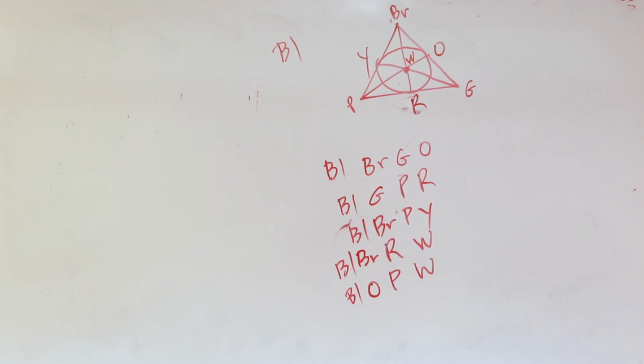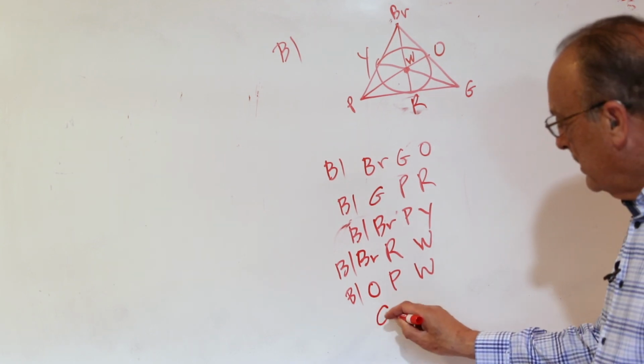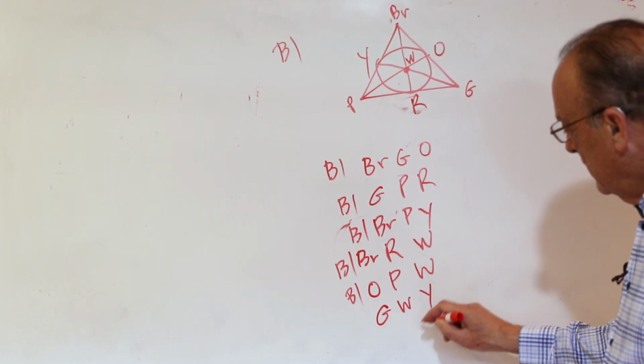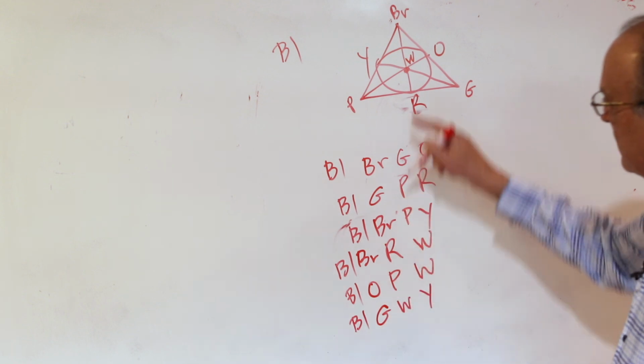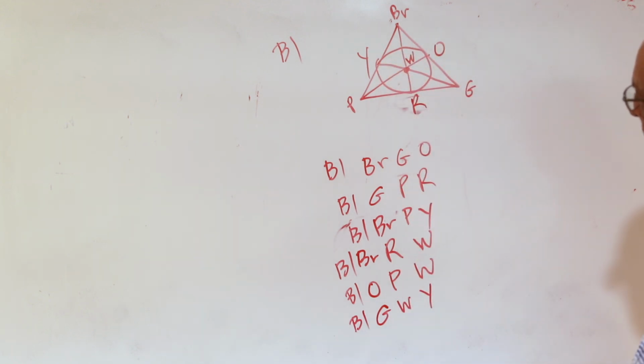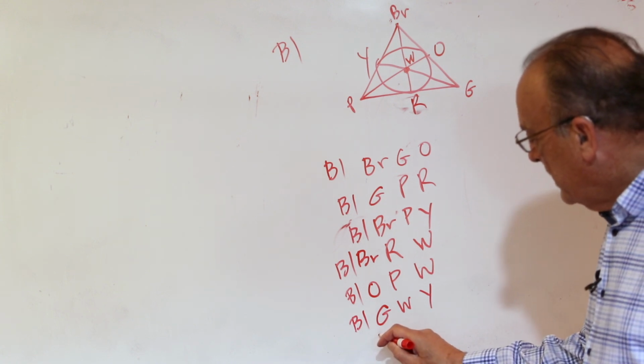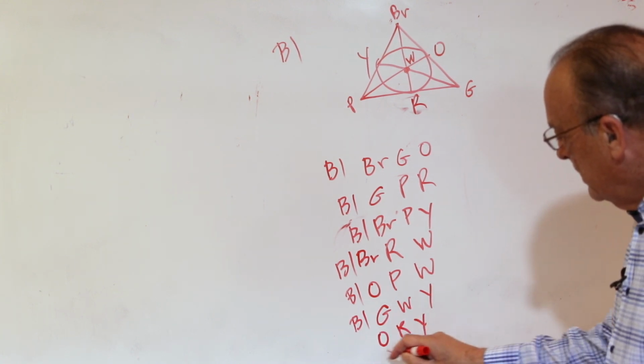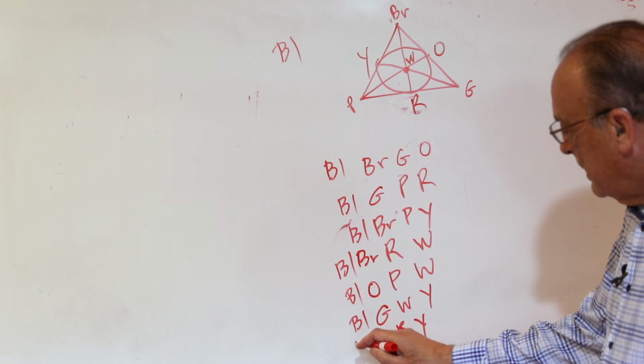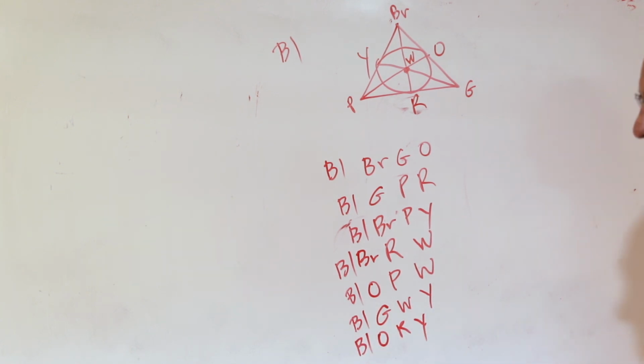So I think I need one more median, green, white, and yellow, add the blue. Now I'm going to do the circle, or the inscribed circle. So it's going to be orange, red, and white, orange, red, and yellow, add the blue. Now I do the complements.